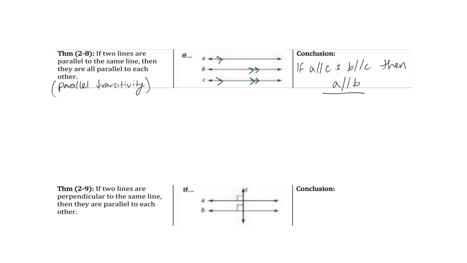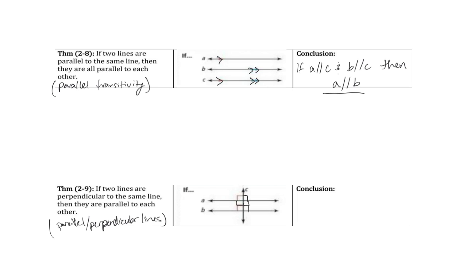Then the last one is a theorem about parallel and perpendicular lines. Perpendicular lines make this T shape, and they create four right angles from their intersection.